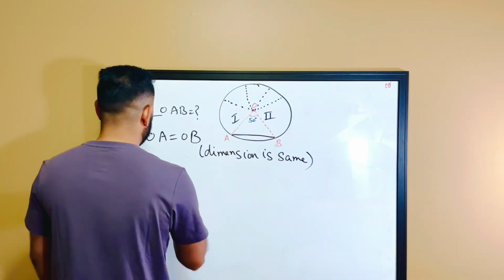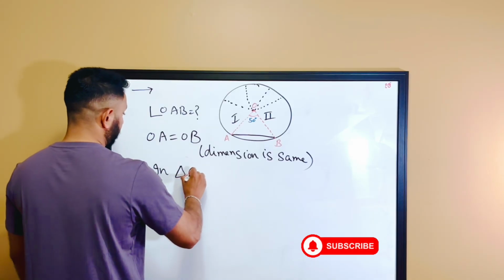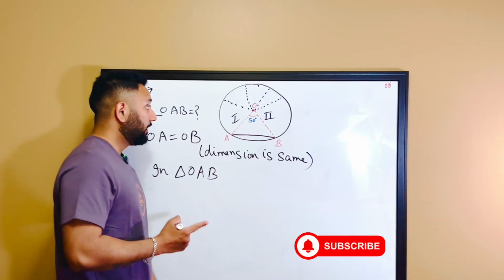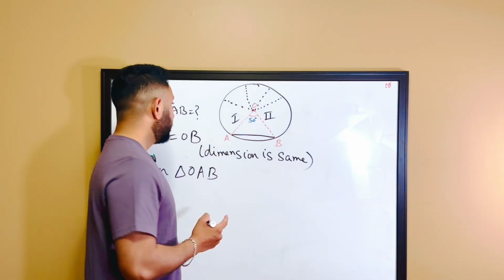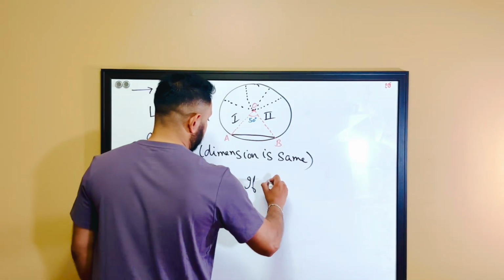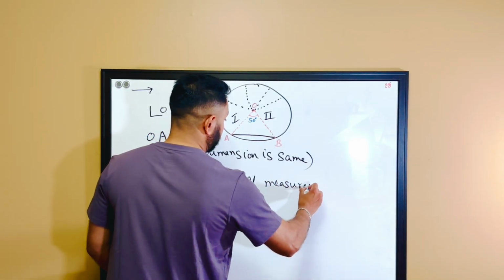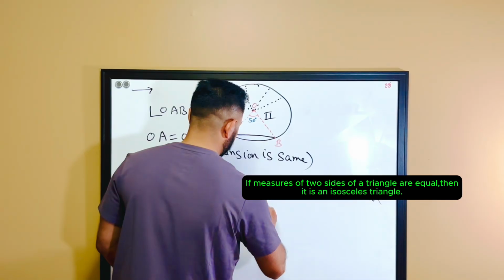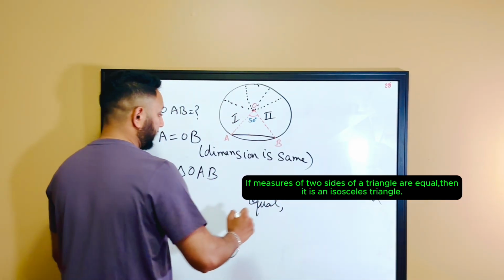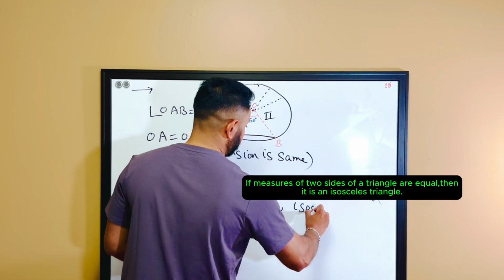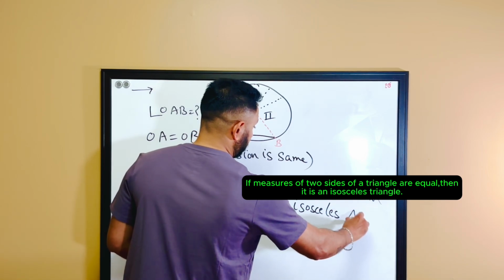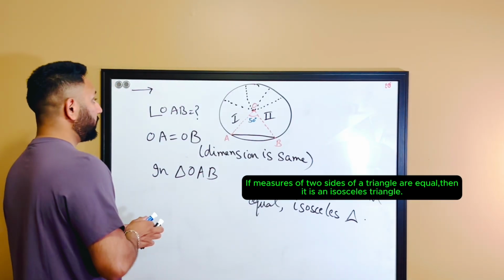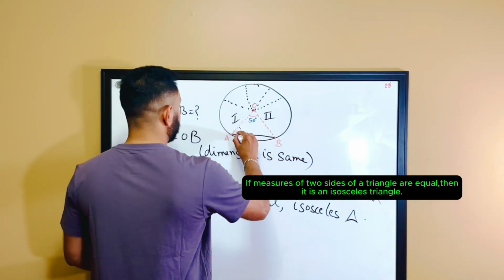Also OAB is a triangle, and we know that if two sides of a triangle are equal, then that triangle is isosceles. So if their sides are equal, then their angles are also equal.